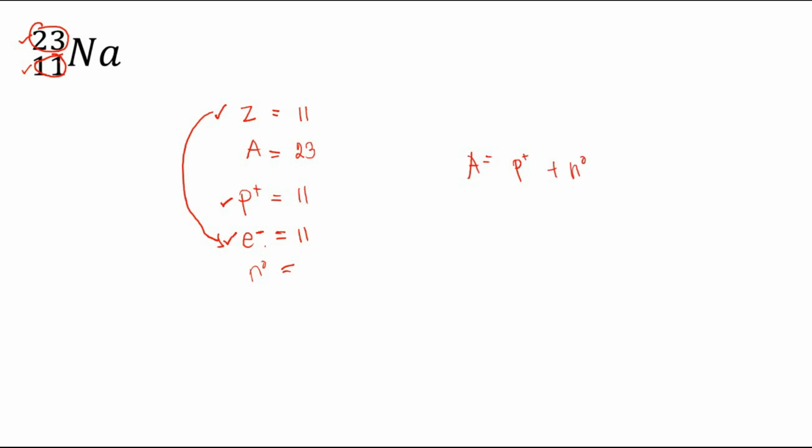We already have our mass number, 23, we already have our P plus or protons, that is 11, and your N0 is unknown. So you can simply solve for your N0. N0 is equal to 23 minus 11. So N0 is equal to 12. Therefore, the number of neutrons will be 12.